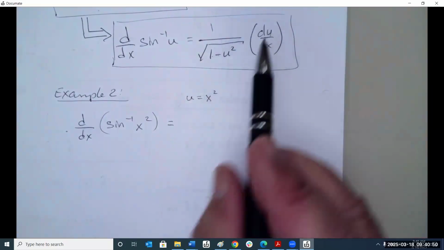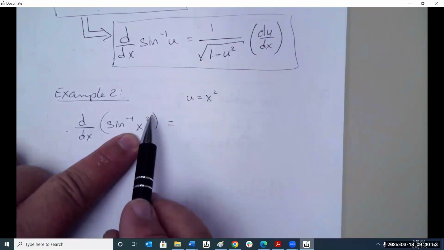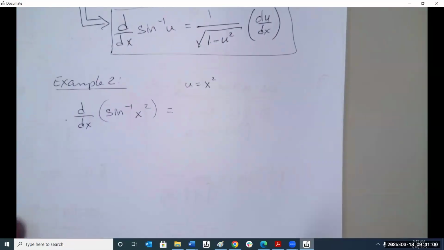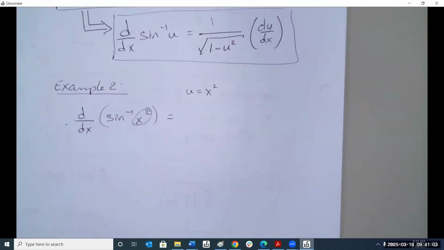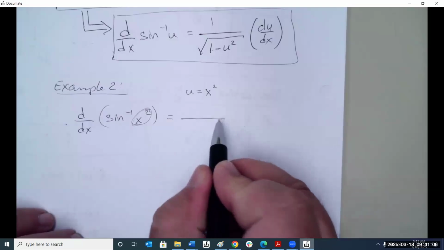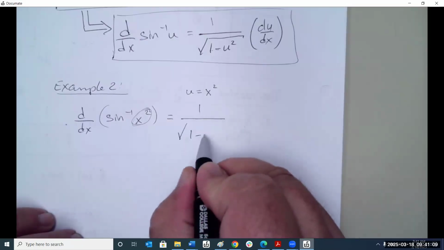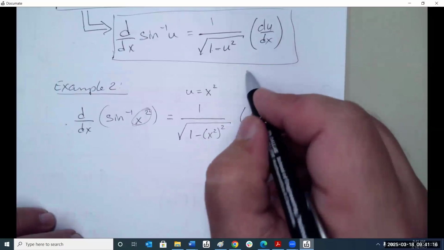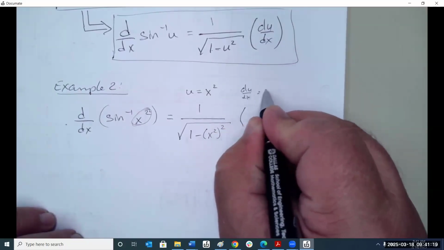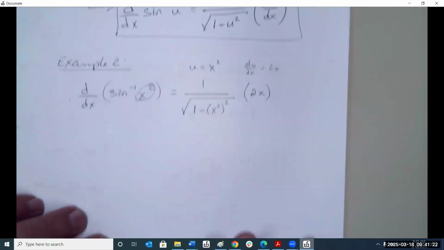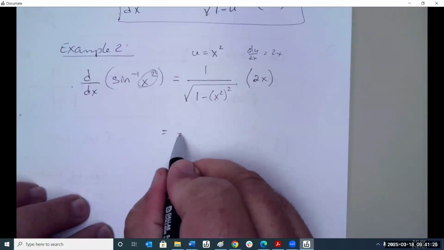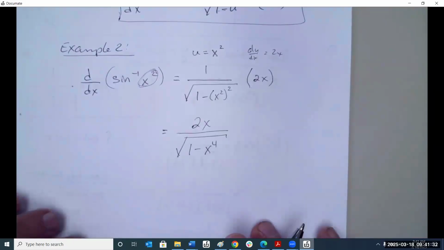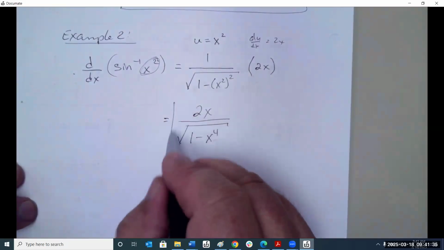So I can just use this formula now. Once this x changes to anything else in the equation, I cannot use this function. I have to use this one, the sine u. So this is my u right here. So I have 1 over square root of 1 minus x squared squared, times the derivative of u. The derivative of u is 2x. So it's 2x over square root of 1 minus x to the fourth. That's my answer.